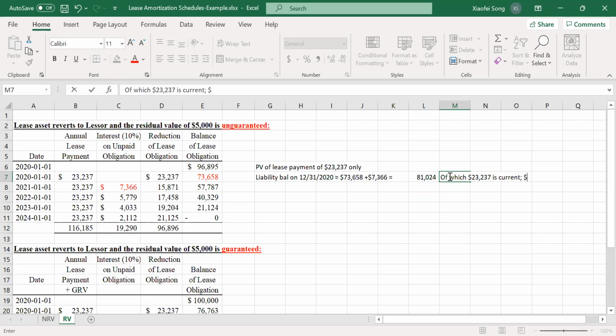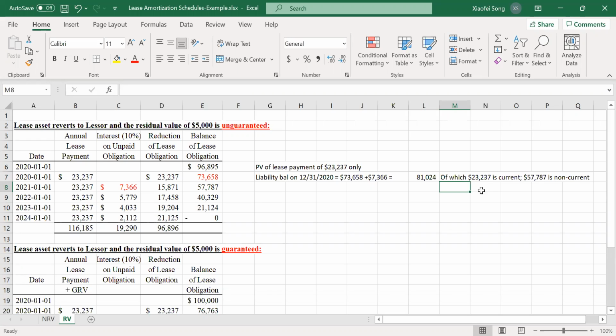And the remaining 57,787 is non-current. So when you look at the financial statement, you see the current portion of the lease payments and the non-current portion of lease liability, you know what they represent.